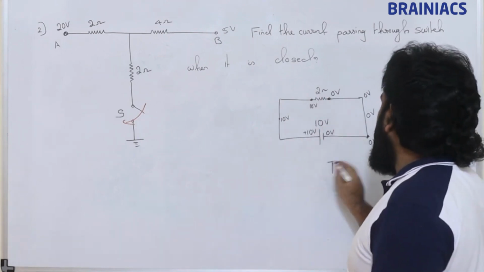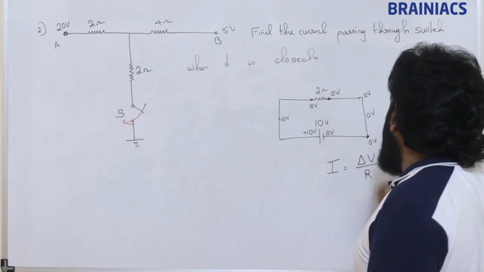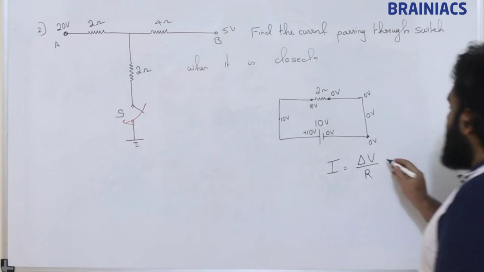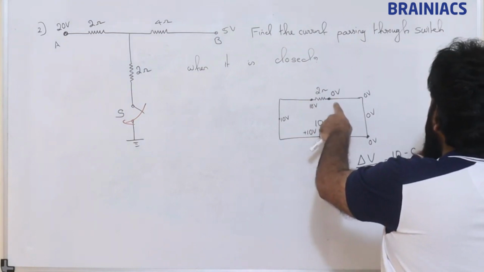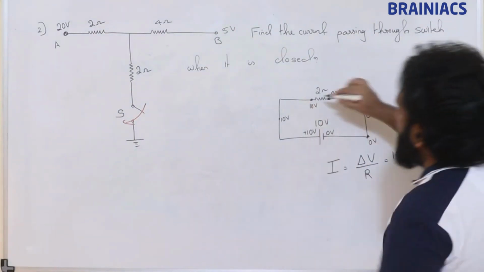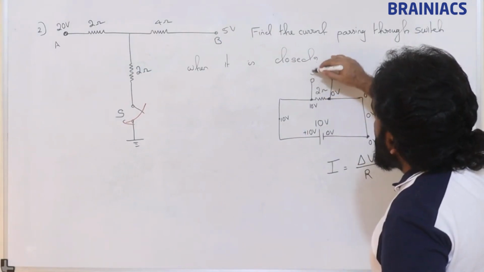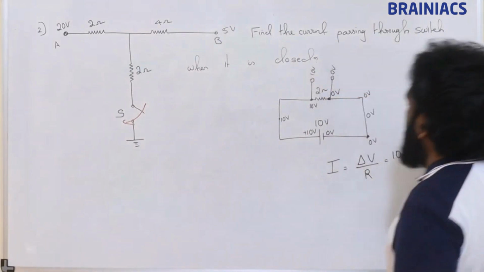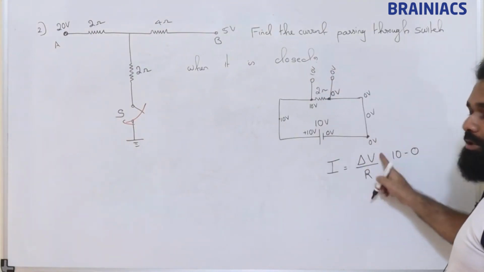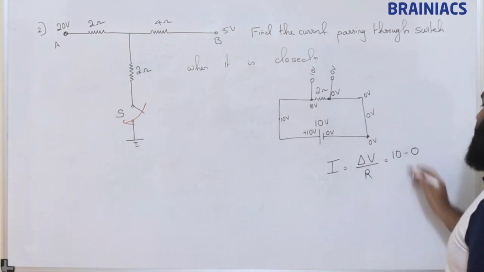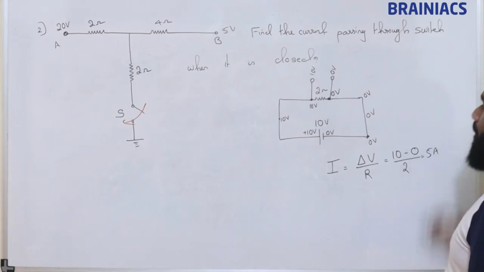Current is nothing but the change in potential difference divided by R. There are two terminals, here 10 volt, here 0 volt. So 10 minus 0 divided by 2 gives 5 ampere.